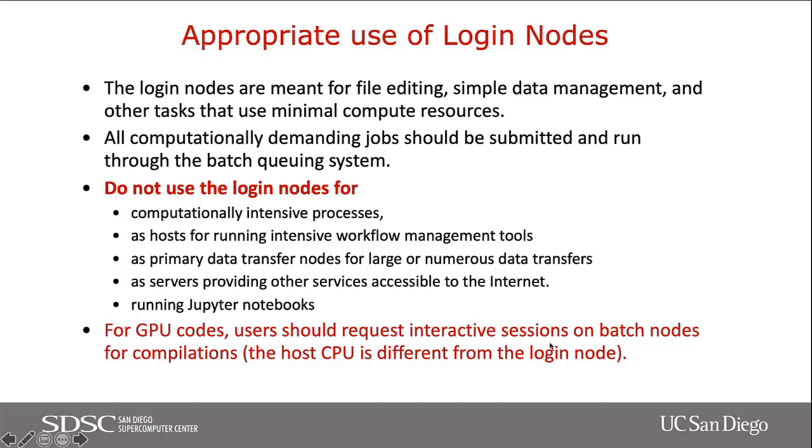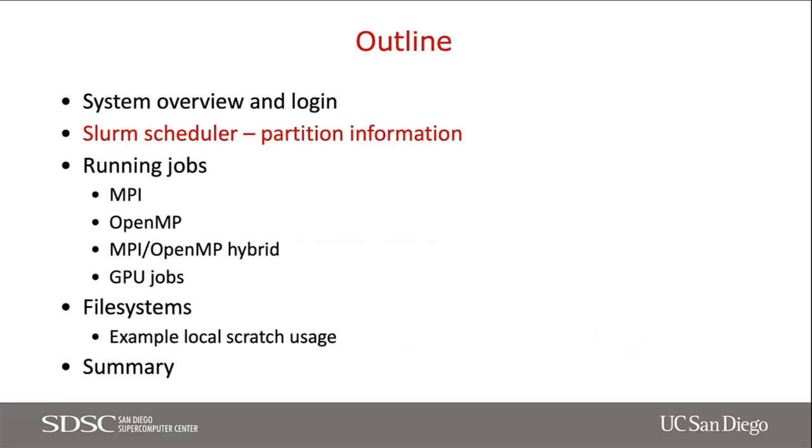The other thing that's different is the software stack for the GPUs is different from the software stack for the CPUs. So that's another reason to essentially get a GPU node allocation and then do the compiles there.